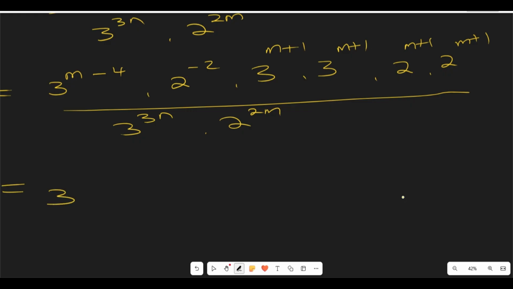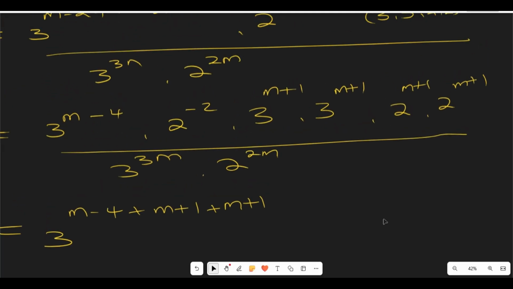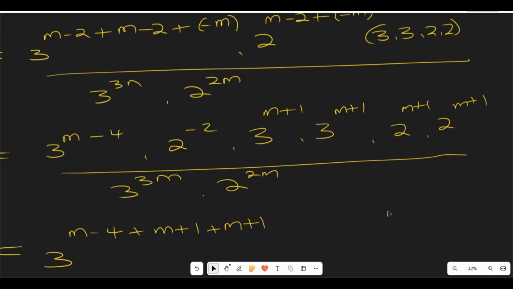So now let's start with the 3 again to combine everything. m minus 4, at least it's reduced now. Plus this m plus 1, and then plus m plus 1. So this was m. My goodness. Let us go up and correct everywhere where we wrote n here.